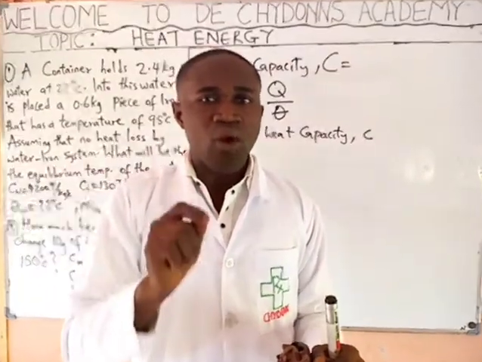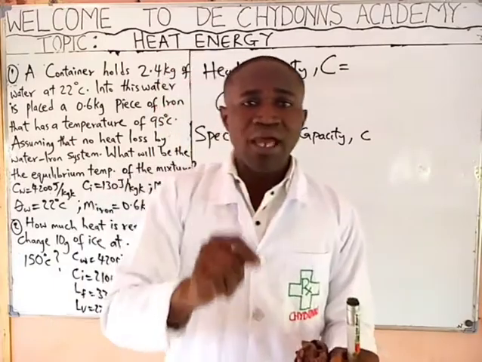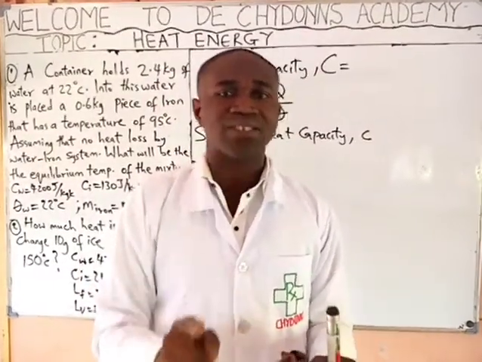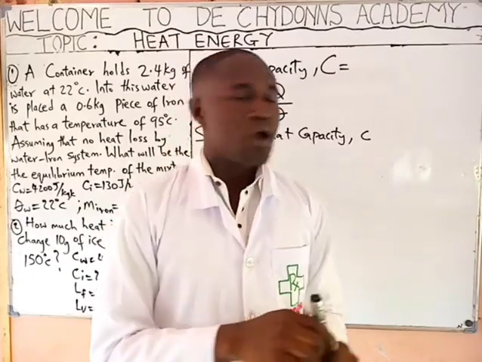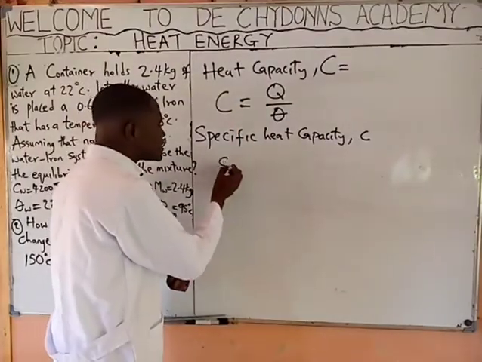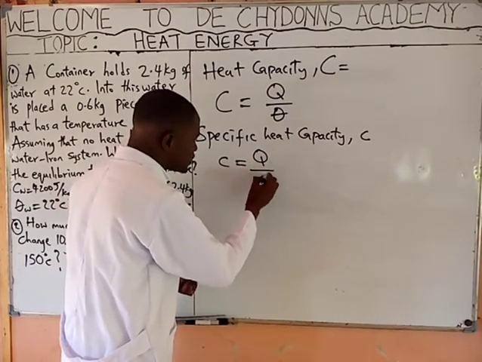The quantity of heat required to raise the temperature of a unit mass of a substance to 1 degree Celsius. That means that small letter c is equal to Q all over m theta.